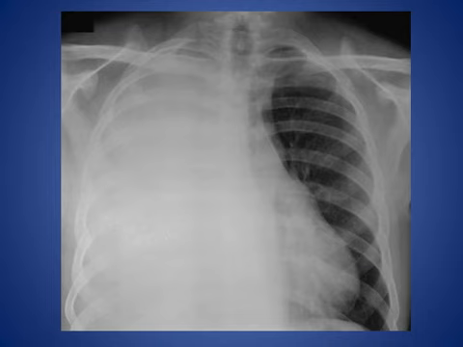Here what we see is complete opacification of the right hemithorax and the heart is shifted to the left side and the trachea also shifted to the left side, so this is a large amount of right-sided pleural effusion causing mediastinal shift.